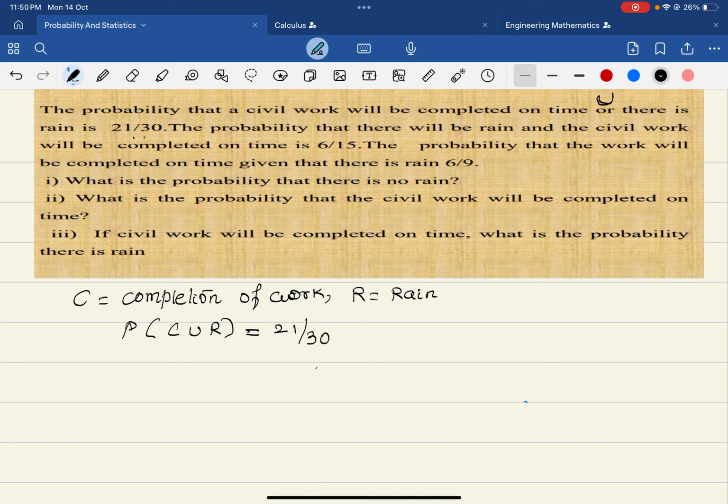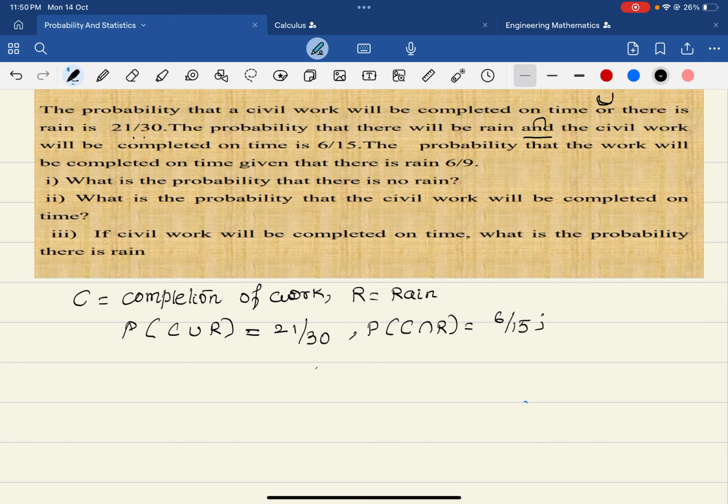Next, the probability that there will be rain and the civil work will be completed on time is 6 by 15. And means what? Intersection. You should understand that. So P of C intersection R is given by 6 over 15.